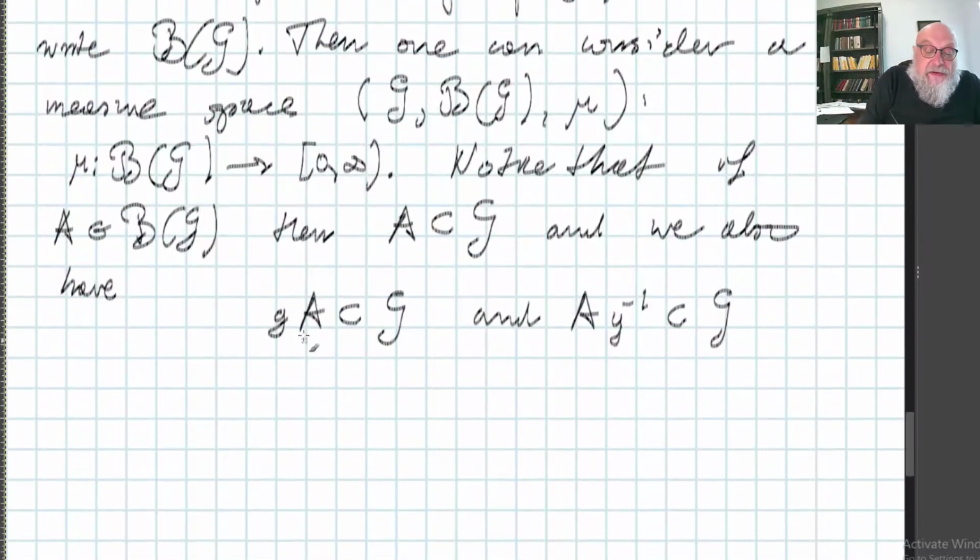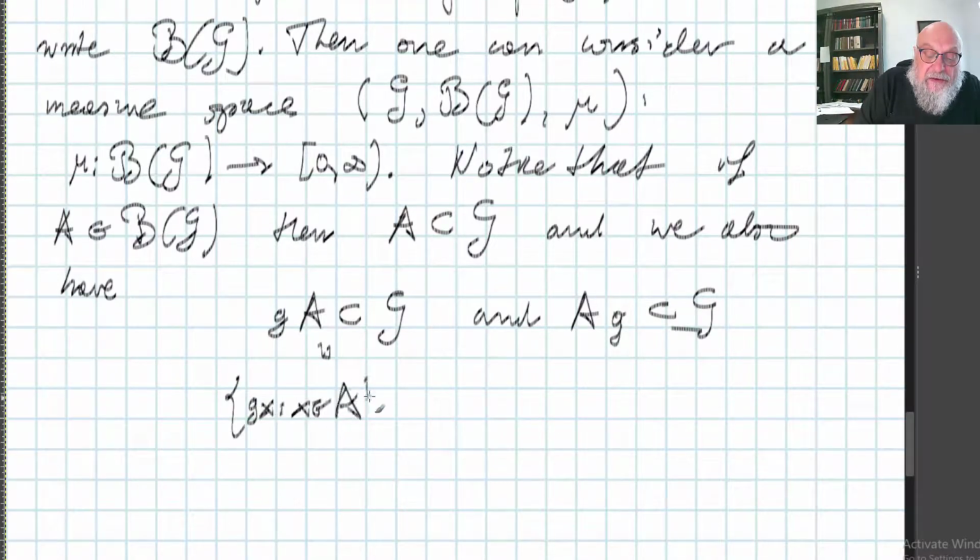So you just multiply. What is this? This one is the set of all gx such that x belongs to A, and that one is just the set of all xg such that x belongs to A.